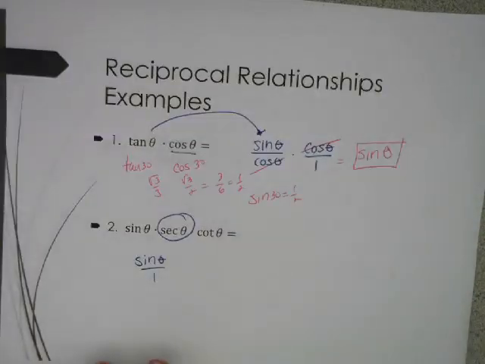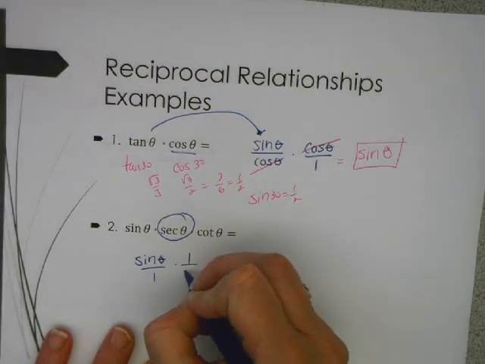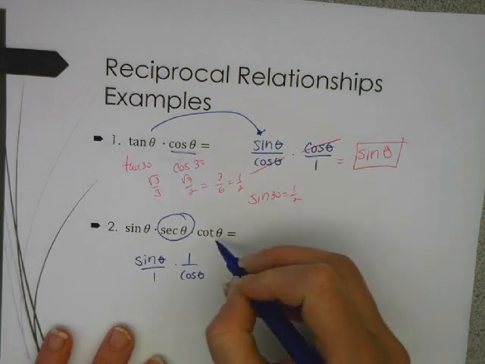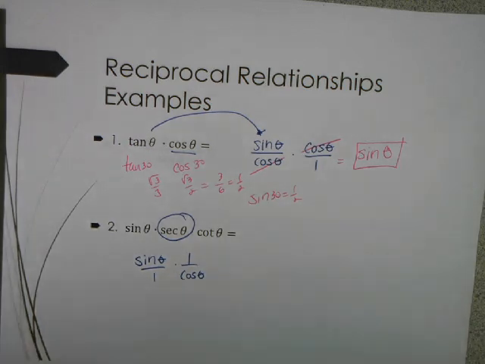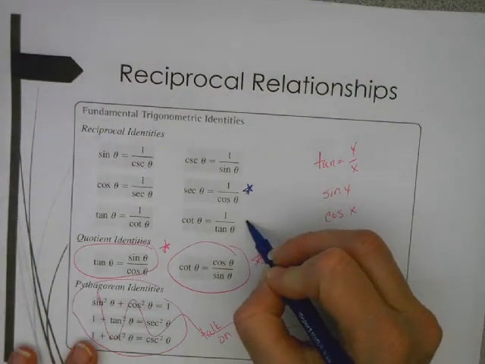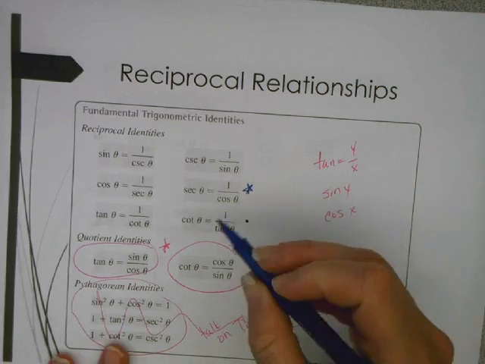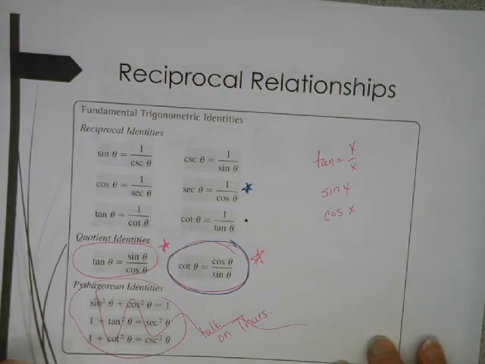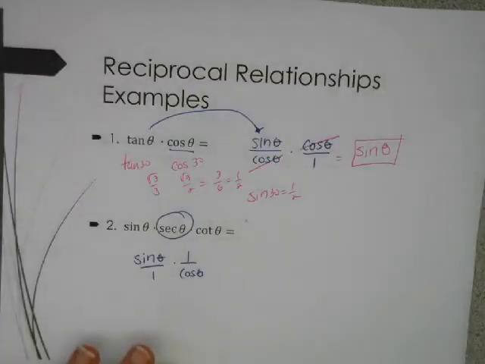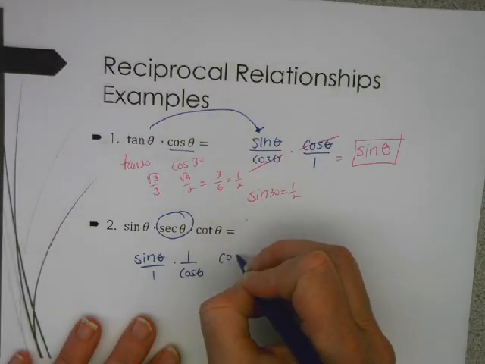So I'm going to change my secant to 1 over cosine. And then cotangent, there's two things you can use for cotangent. I'm going to go back to the last slide again. I can use this, which really doesn't help me because it doesn't make everything sine or cosine, or I can use this. Cotangent is cosine over sine. So I'm going to replace cotangent with cosine over sine.